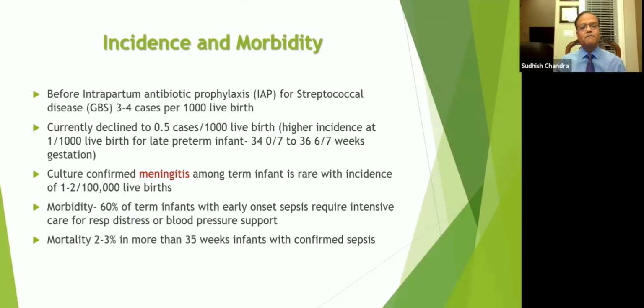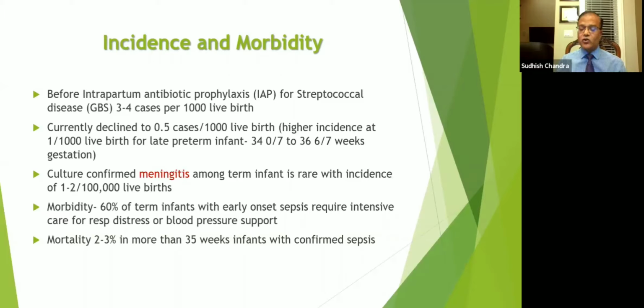Culture confirmed cases of meningitis are much lower. They are up to 100 times less, 1 to 2 per 100,000, or per lakh. So you can understand the chances of meningitis are pretty low in newborns. And the reason I say it is that when we come to CSF, which baby should get CSF, it becomes important to understand that.